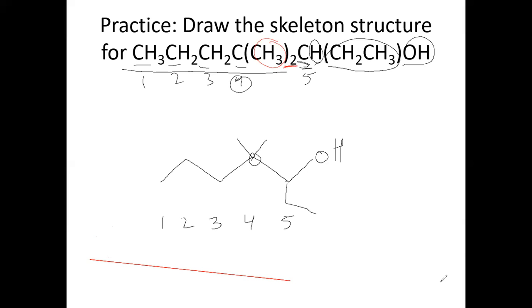So just to double check, I have 1, 2, 3, 4, 5, 6, 7, 8, 9 carbons. Right? So does that make sense? I have all of my carbons there. I have 1 oxygen, which is right here, and everything's there. How did you guys do on that one? Make a mistake or so?